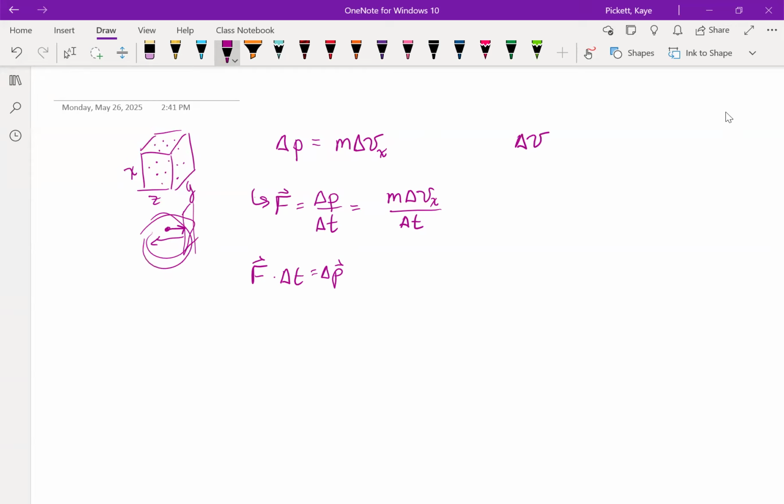Well, coming back to that picture, I started out in this direction. I'm going out, and so that's my v initial x direction. This is my v final x direction, and so delta v is v final x minus, and notice they're in opposite directions. So minus a negative is a positive, and so delta v in the x direction is just v x.